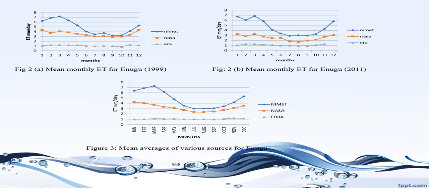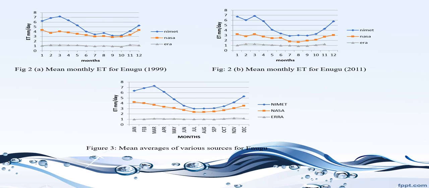We can see this trend both in 1999 and 2011, and also in figure 3, which is the mean averages of the various sources. So we can say that during the dry season, when we have higher values of ET, the difference between NASA and NIMET is much larger compared to that of the rainy season. So it seems the values tend to come closer during the rainy season than in the dry season.